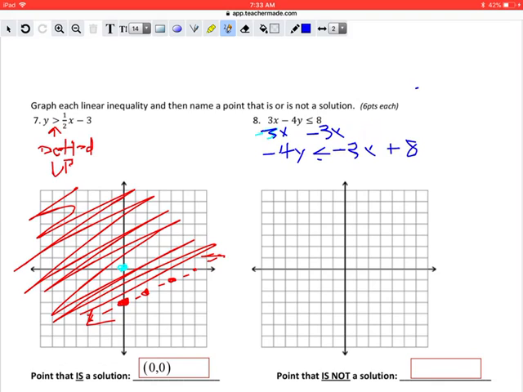Okay, so I got to divide negative 4 to everything, which means I need to flip it.